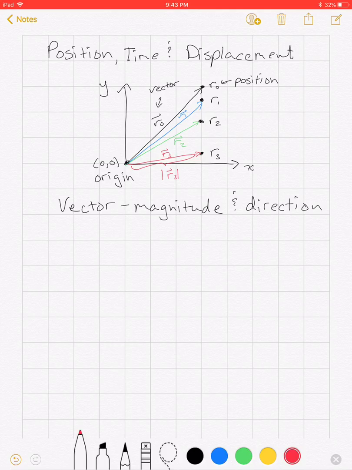The direction is indicated by the angle, so we'll call that theta. So we can say that R3 has a magnitude that is given by the absolute value or the length of the vector, and the direction is given by theta.